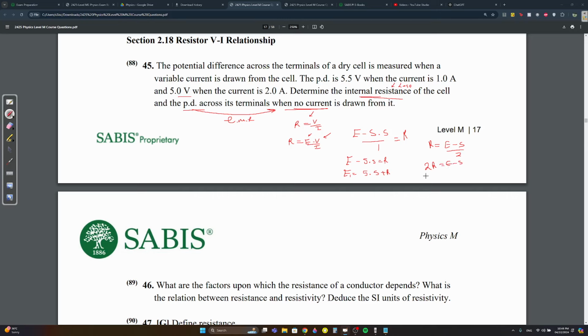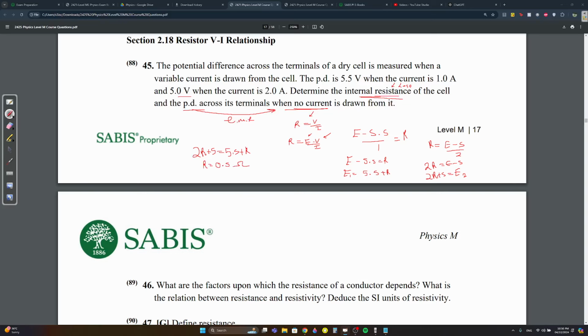Take it to the other side, you get 2R plus 5 equals E. Now we know it's the same battery, the same circuit, so isn't E equal to E? Yes. So 2R plus 5 is equal to 5.5 plus R. You get R equals 0.5.